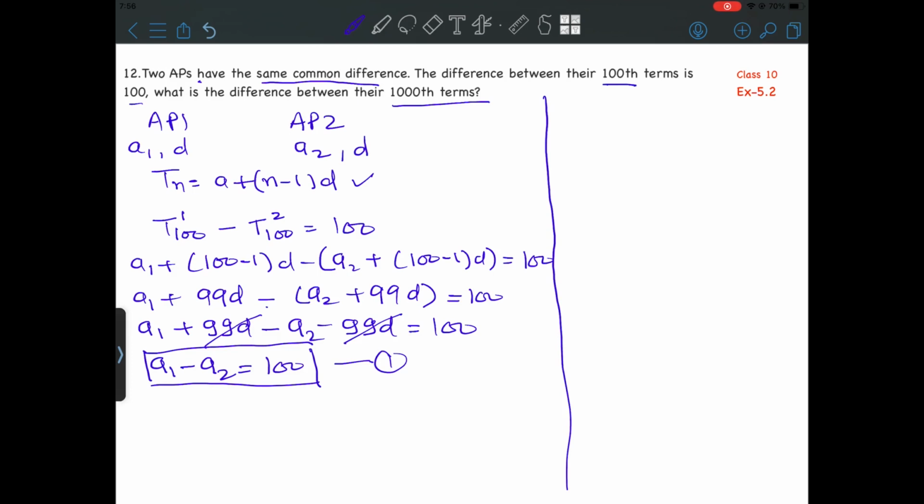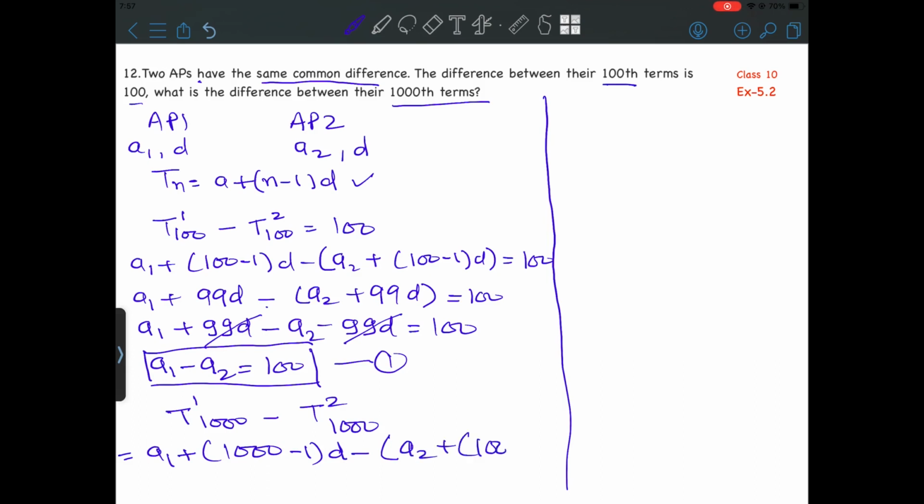Similarly, we will write T1 of the 1000th term minus T2 of the 1000th term, and we will find this value. For that, we will write A1 plus (n minus 1), that is 1000 minus 1, into D, minus, use bracket, A2 plus (1000 minus 1) D, bracket close.